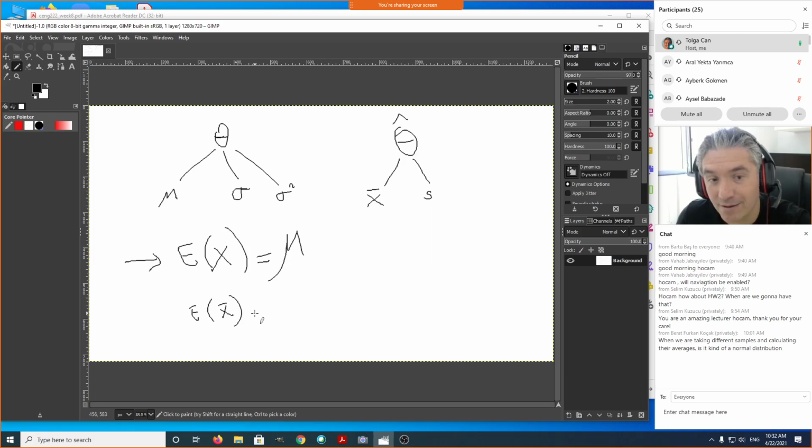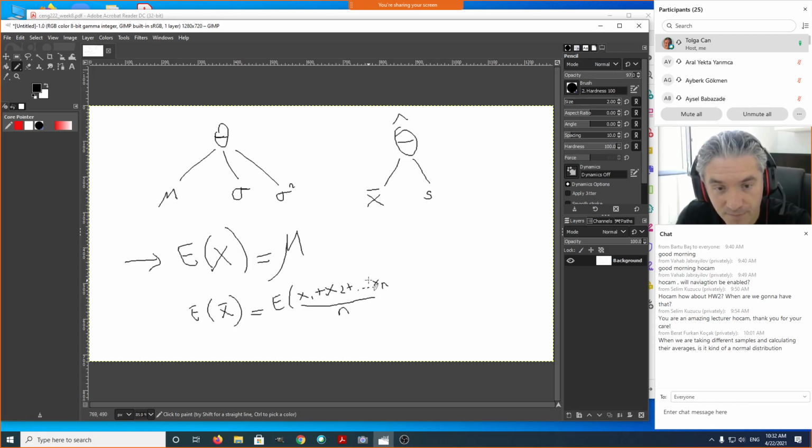Given this, can you compute the expected value of x bar? Yes, by using linearity of expectation. You just write them individually. Since these x1, x2, x3, xn are coming from the population, each of them has an expected value of mu.